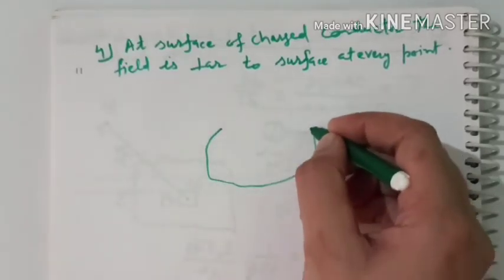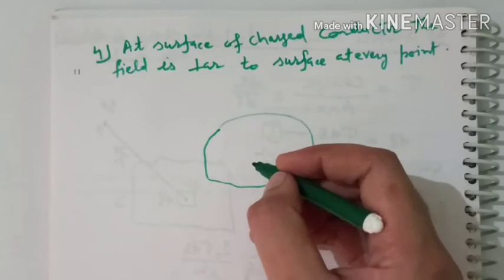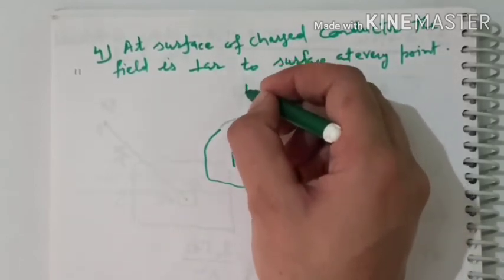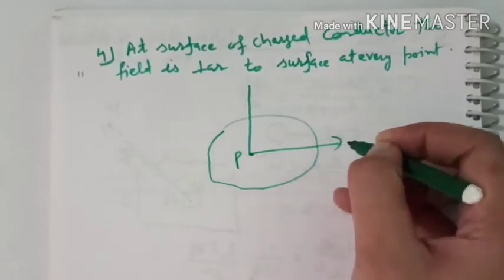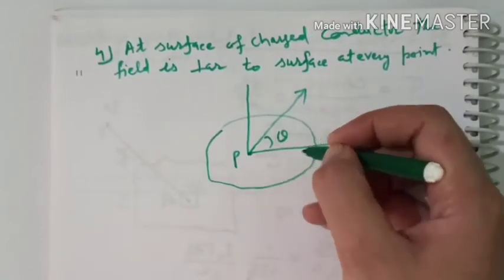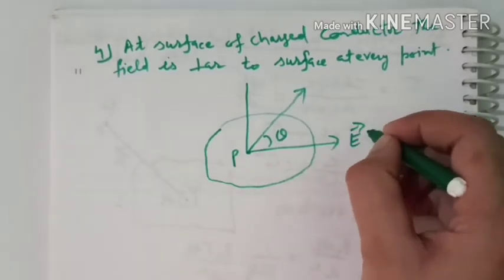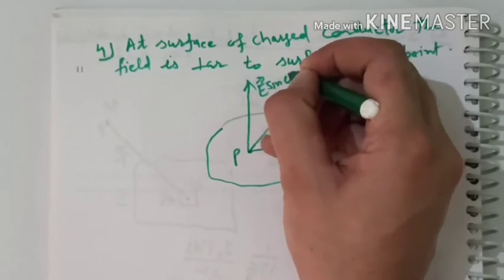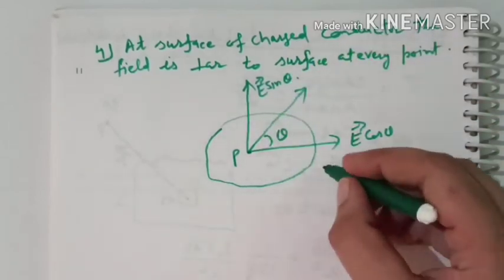So we have a surface. Consider P a point. Here are two components of the electric field. This angle is theta. This is E cos theta. This is E sin theta. This is the charged conductor.